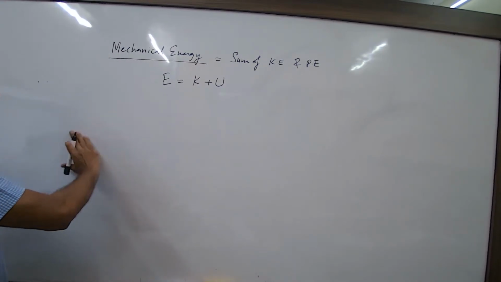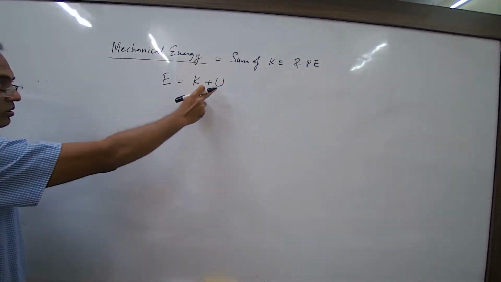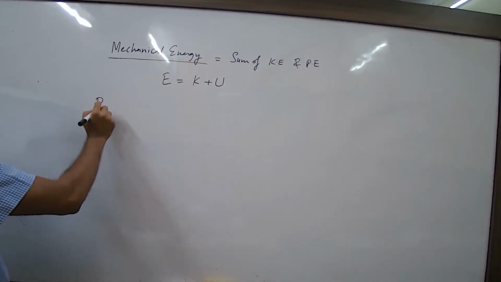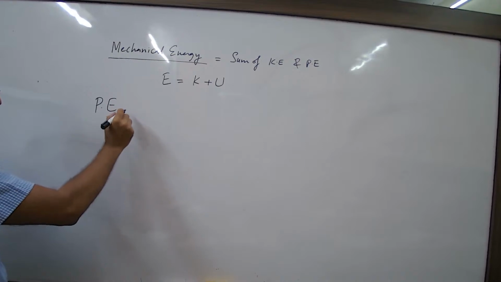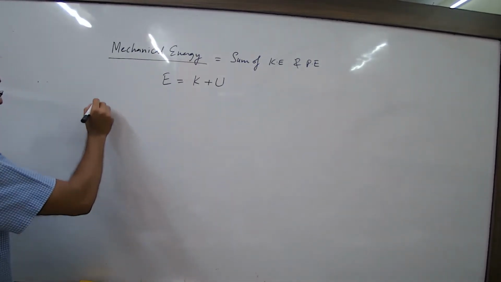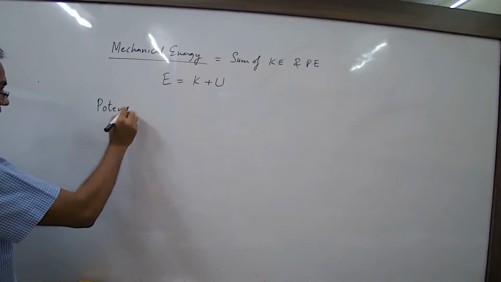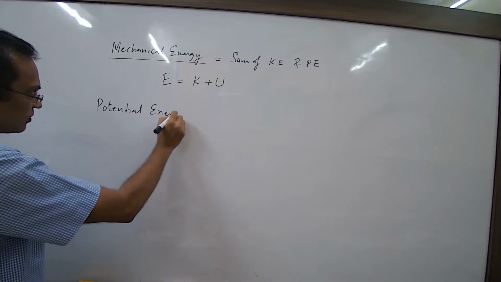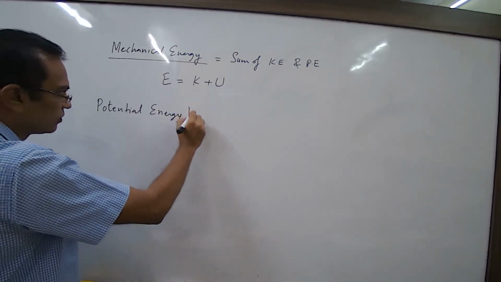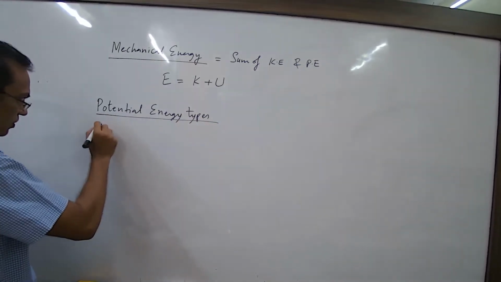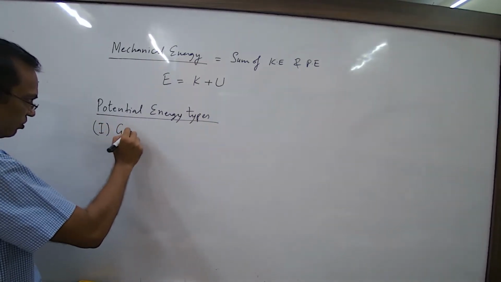So we have to derive the expression for potential energy and kinetic energy first. There are two types of potential energies. Which are they? Gravitational and elastic. So expression for gravitational potential energy first. This we briefly discussed.